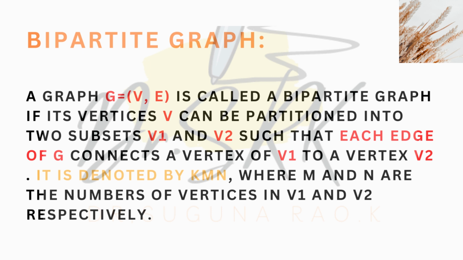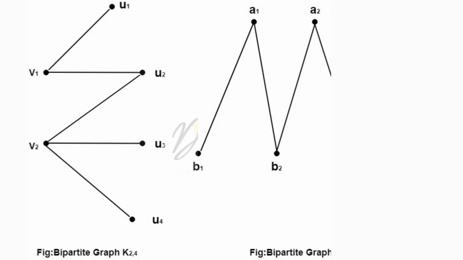It is denoted by KMN, where M and N are the number of vertices in V1 and V2 respectively. For that, we have an example.